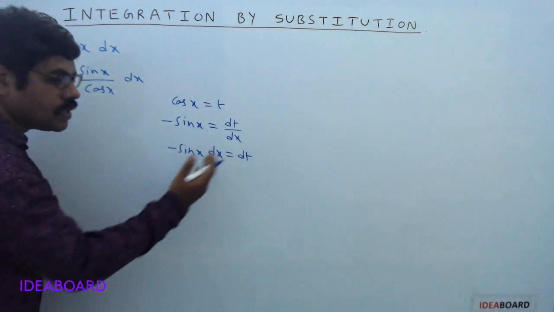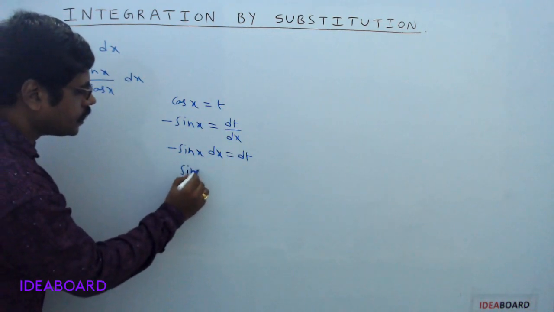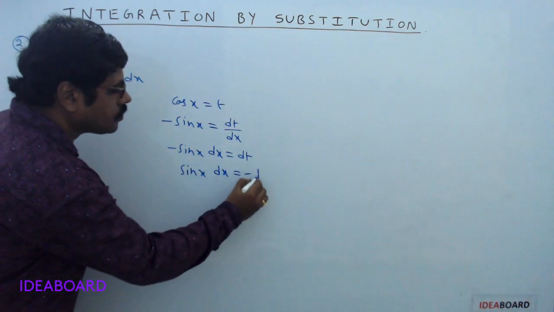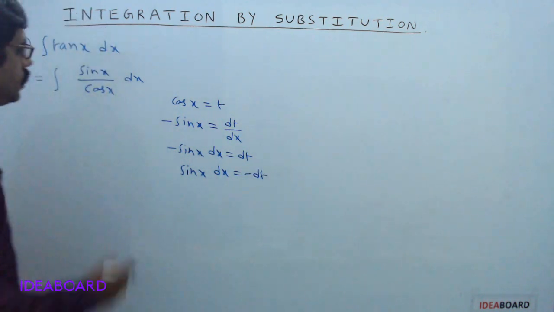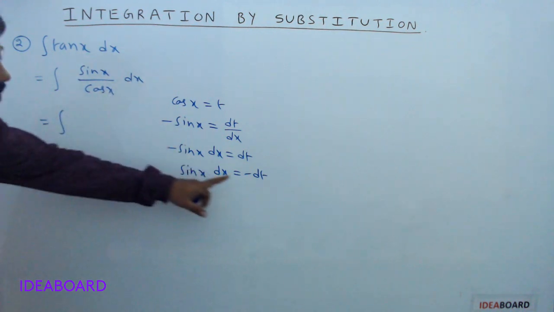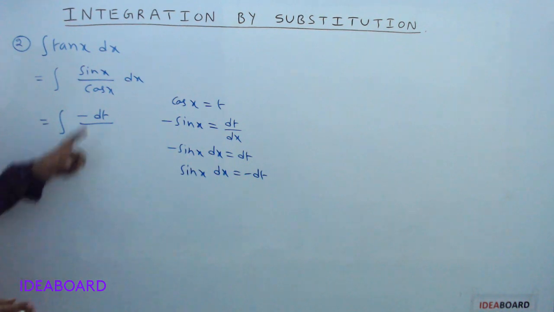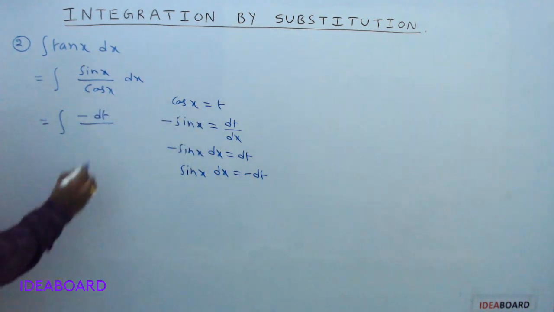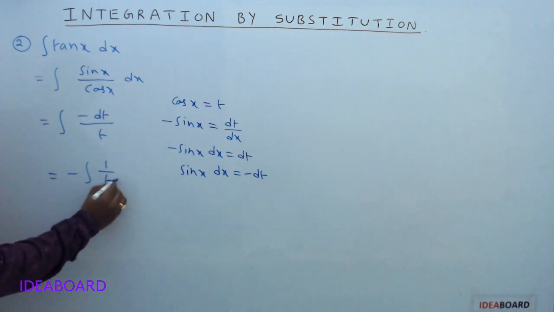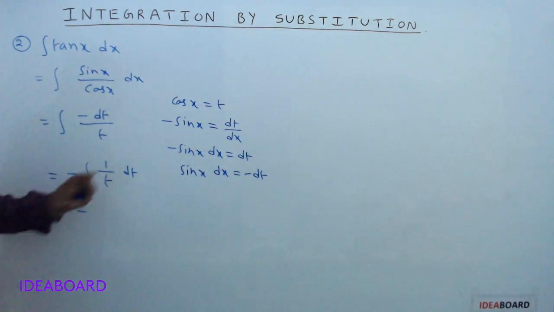Now multiplying this equation on both sides with a negative sign, sin x into dx equals minus dt. Now here, integral sin x into dx is nothing but minus dt divided by cos x. Cos x value is t. Now this equals minus integral 1 by t dt.